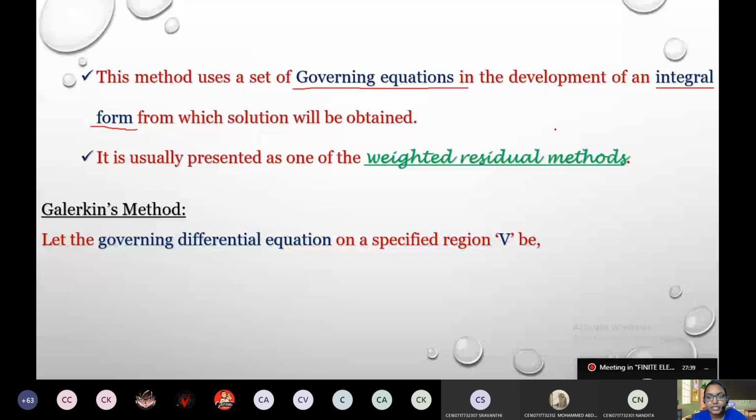So we are considering here that there is a region V, a volume. For this V, we have to consider a governing differential equation.